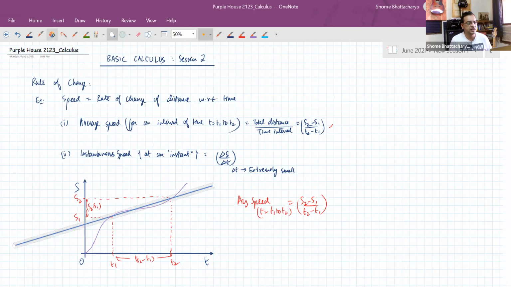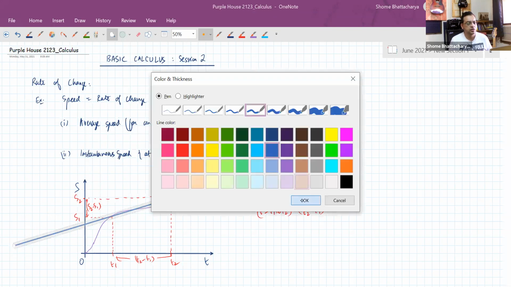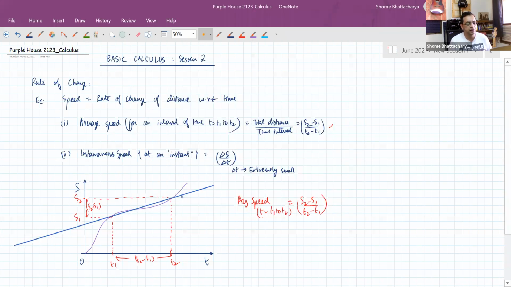We saw that such a straight line is technically called a secant line. There's a secant line passing through these two particular points on the graph, at t equal to t1 and t equal to t2. So this becomes the slope of the secant line.